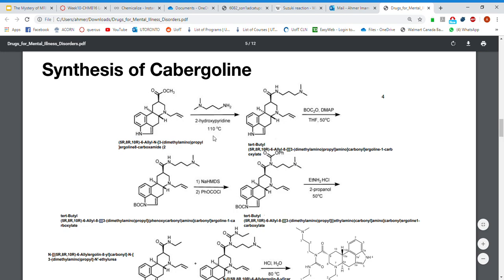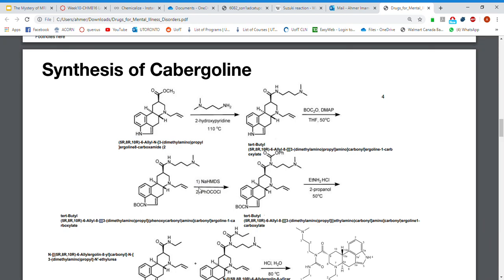Okay, the dimethyl propane diamine suffers a nucleophilic attack, no, it doesn't.